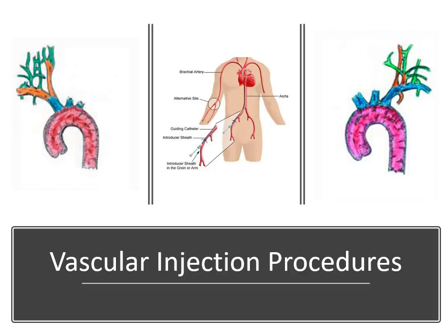Now, as it relates to the injection procedure, a catheter is actually placed into the aorta. In your CPT manual, what you're going to notice is that there are selective and non-selective catheter placement.